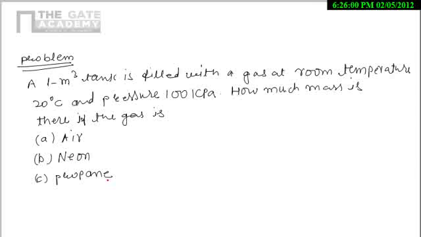So in this problem we have to find out the mass of the gas, if the gas is air, neon, or propane. Here volume, temperature and pressure are given. So first of all, just write the given things. Temperature we are having 20 degrees centigrade, so in terms of Kelvin, 273 plus 20, that is 293 Kelvin.